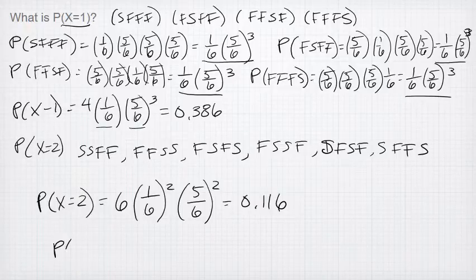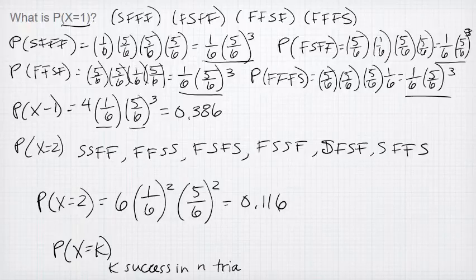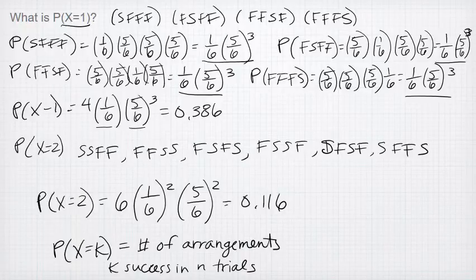So the pattern is the probability of x being equal to k, where k is successes in n trials, is equal to my number of arrangements times the probability of success to the k, times 1 minus my probability of success, so my probability of failure, to the n minus k.